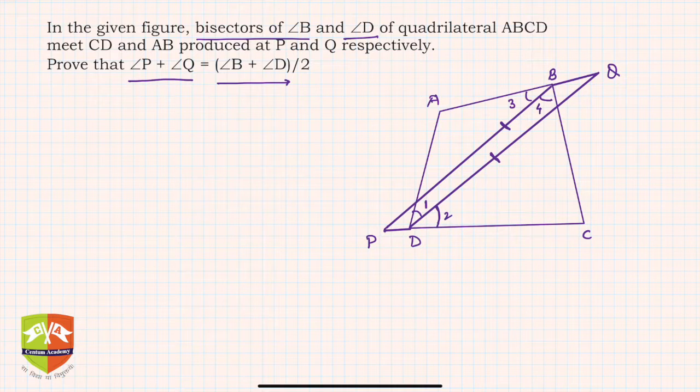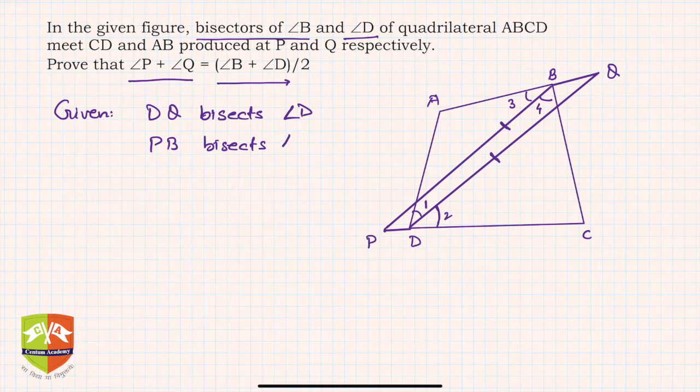First of all, as I told you, you have to write what is given. Angle DQ bisects angle D, and PB bisects angle B. A, B, Q are collinear, that is, AB produced cuts the bisector DQ at Q. Similarly P, D and C are collinear.